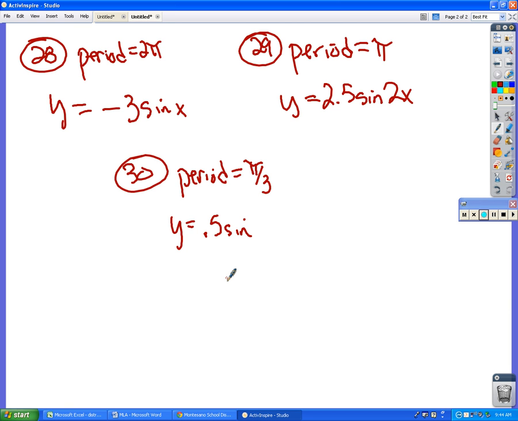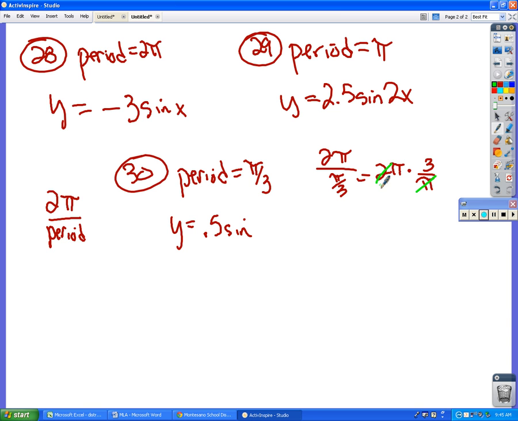The way that you find that, if you can't look at it and see it, is you take 2 pi divided by the period. Because if the period is pi, then 2 pi divided by pi would be 2, and that's what we came up with. If the period is 2 pi, then 2 pi divided by 2 pi is 1. So if it's something wacky like pi over 3, and it's not quite easy to see, you take 2 pi divided by pi over 3, which is 2 pi times 3 over pi, because you invert and multiply.